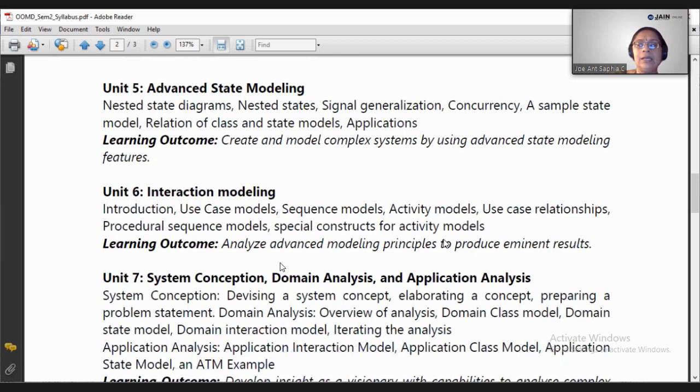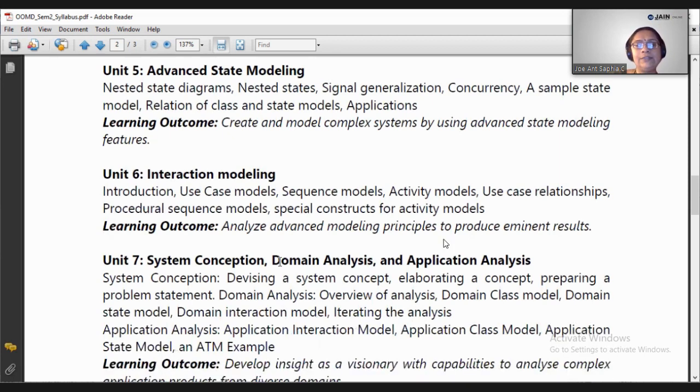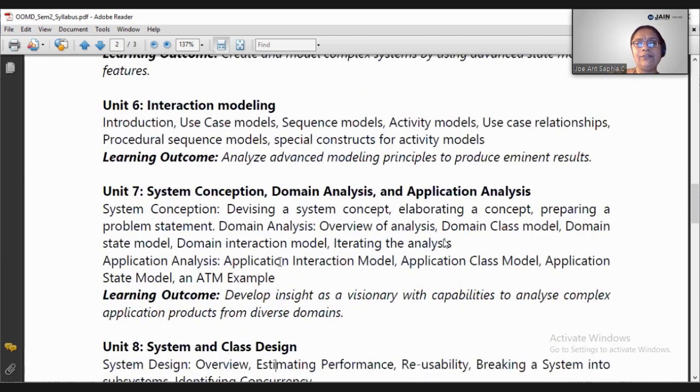Then comes the analysis phase as well as the design phase. OOMD is divided into three: system conception, analysis, and design phases. First comes system conception, how we create a problem statement. Then comes domain analysis, and finally application analysis.